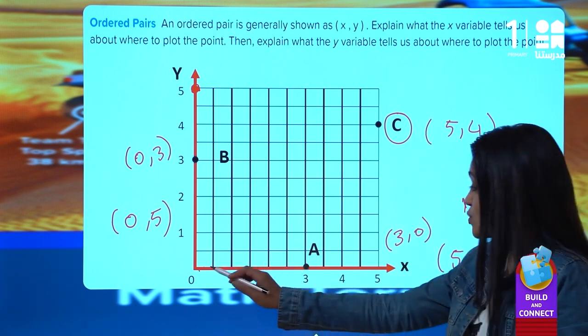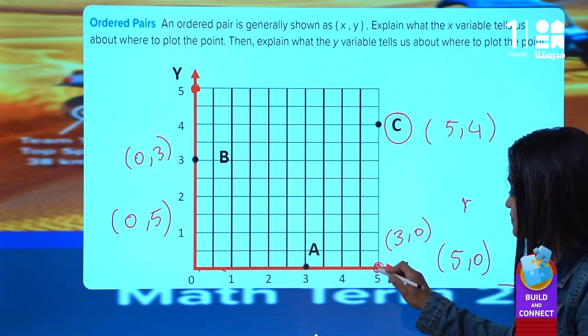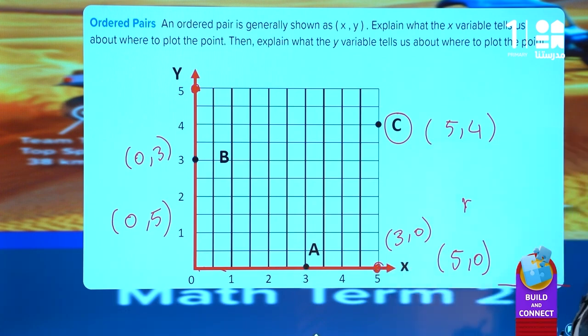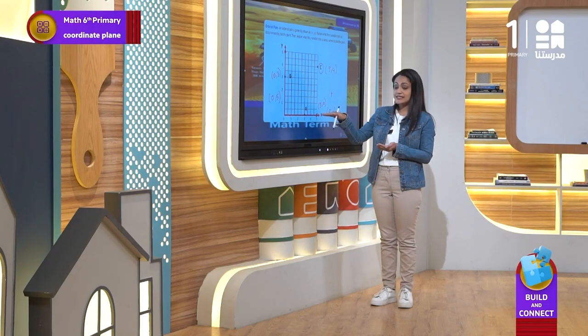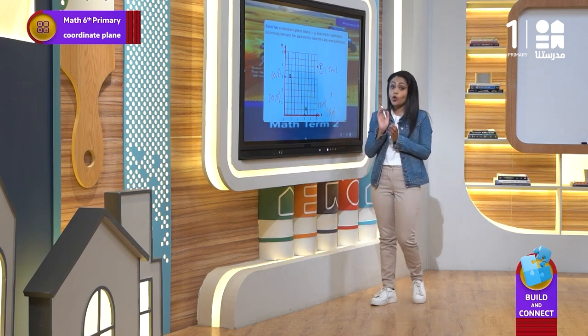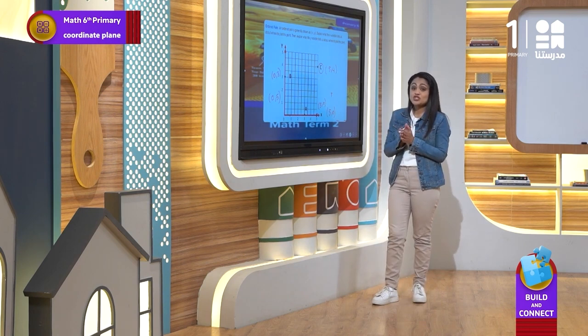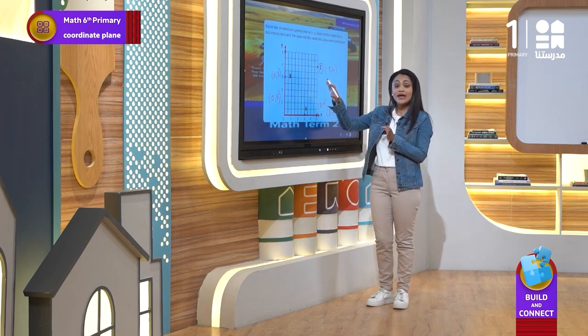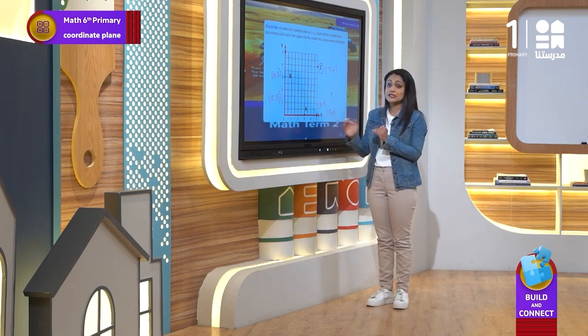So we will find it located exactly here on the x-axis. After all of these discussions, I asked my students in the activity entitled Ordered Pairs to explain how x and y coordinates help us locate a point on the coordinate plane.